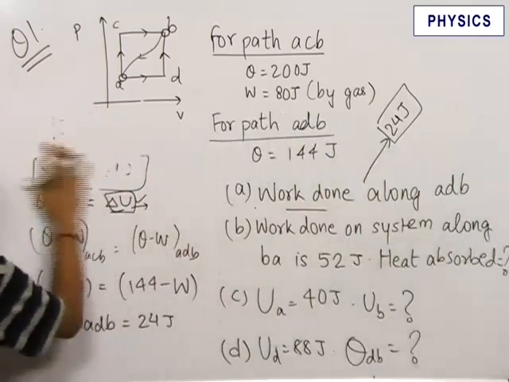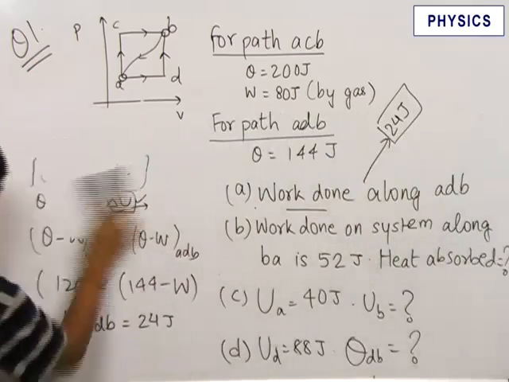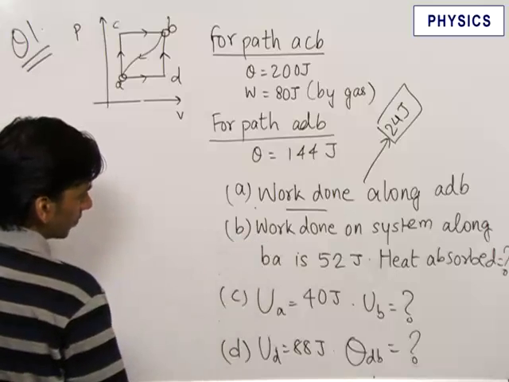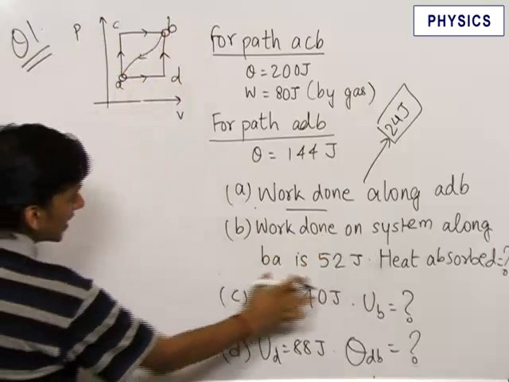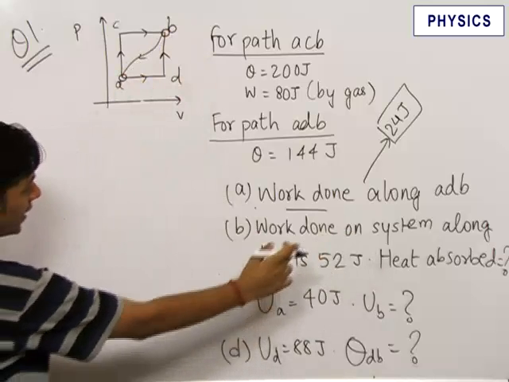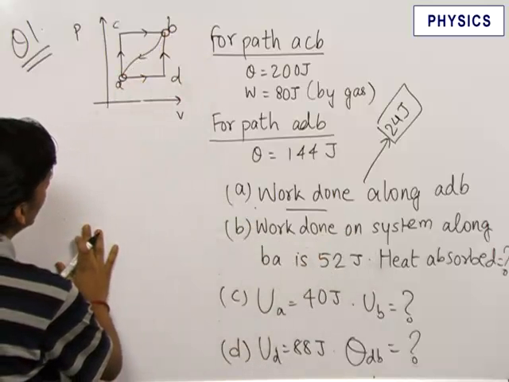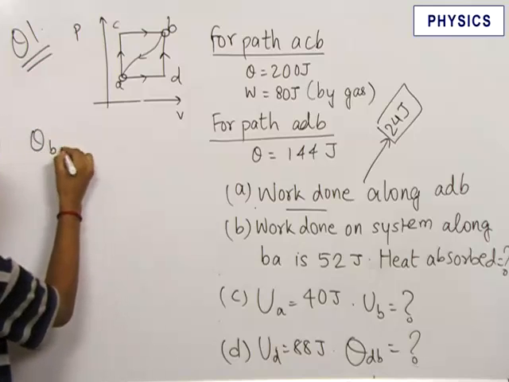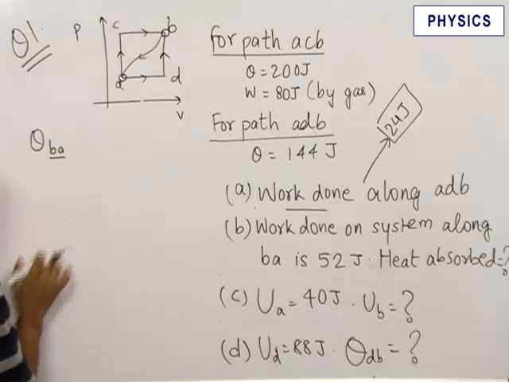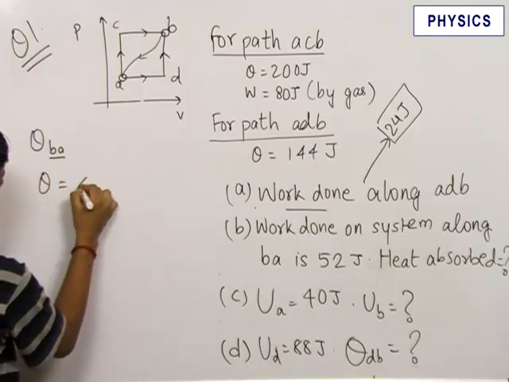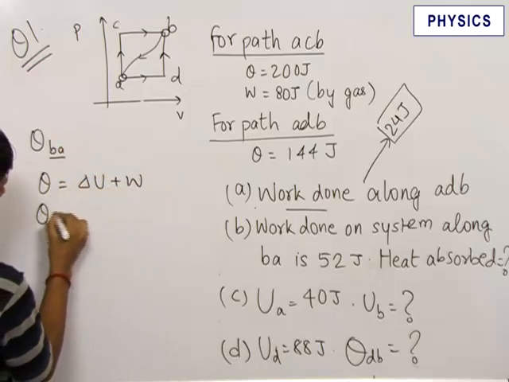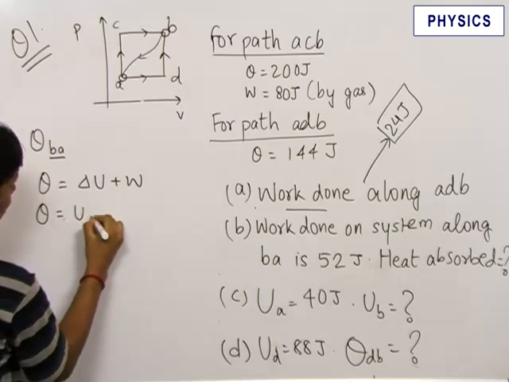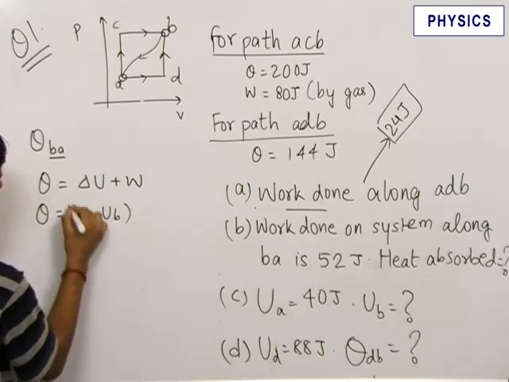Now let us solve the next part. For the B part, work done on the system along the path BA is given to be 52 joules. We need to find out the heat absorbed by the gas. So for finding out the heat absorbed by the gas on the path BA, we'll again write Q is equal to delta U plus W. Now delta U is UA minus UB.